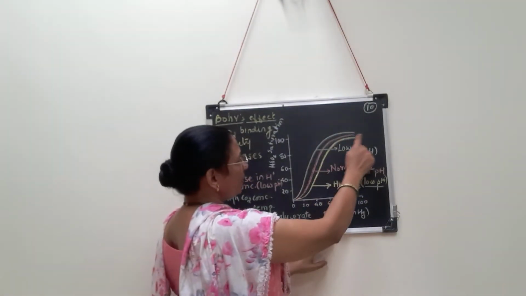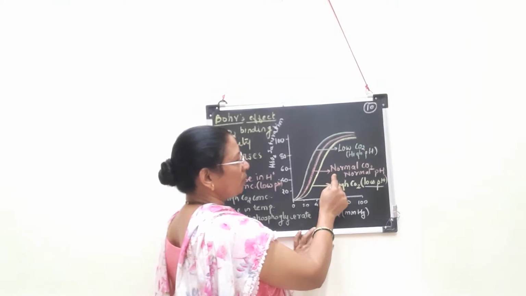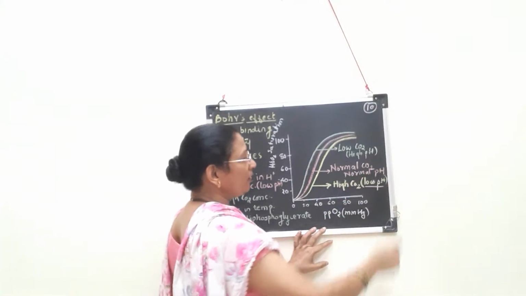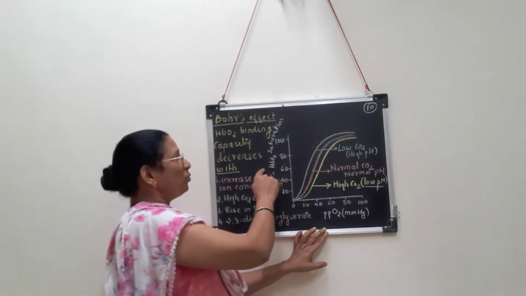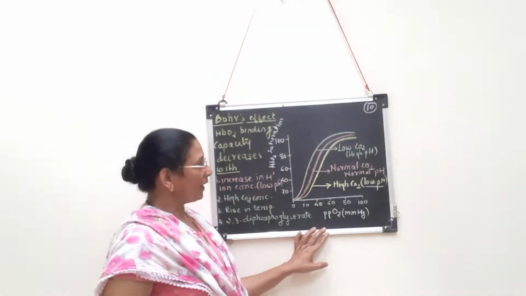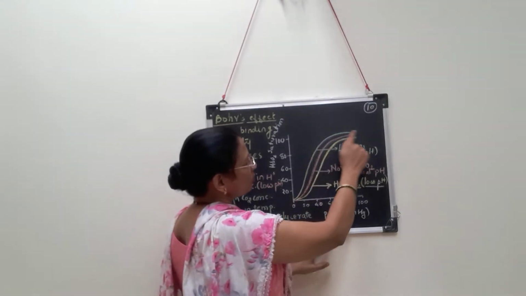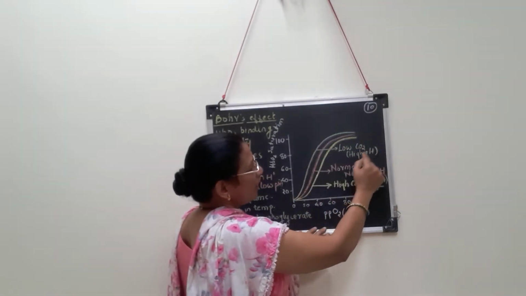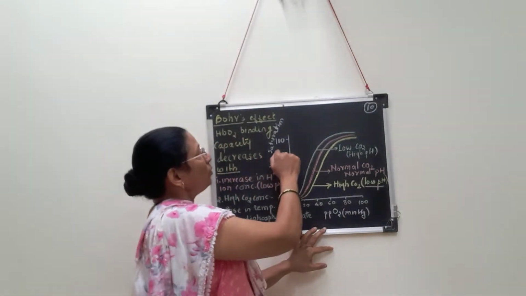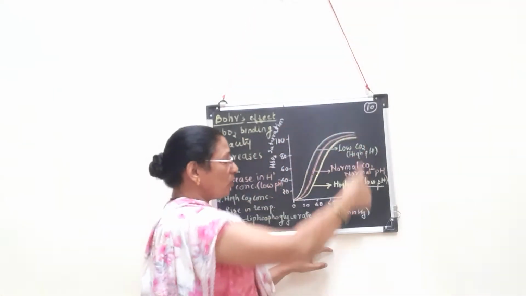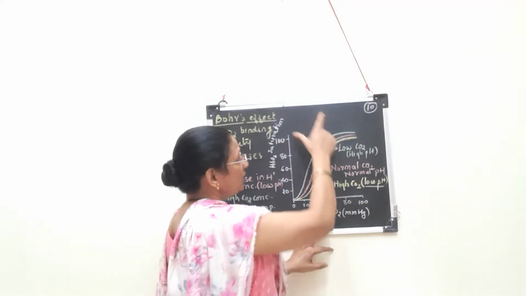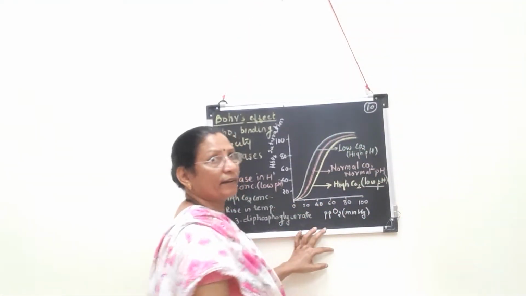The middle one, shown in pink, is when there is normal carbon dioxide concentration and normal pH, so normal HbO2 saturation will be there. And the upper curve shows when there is low CO2 and high pH, at that time there will be high HbO2 saturation because of the presence of more partial pressure of oxygen. This is called Bohr's effect.